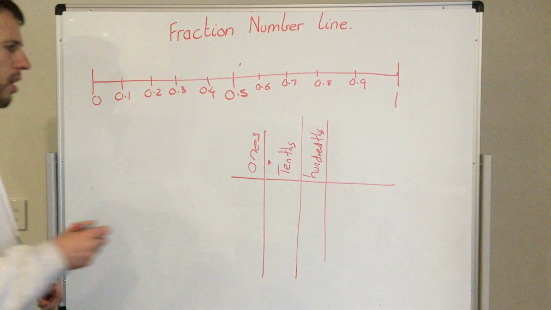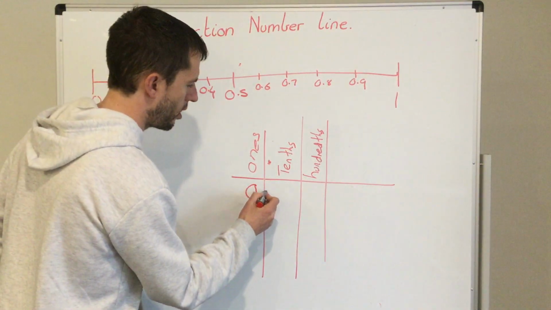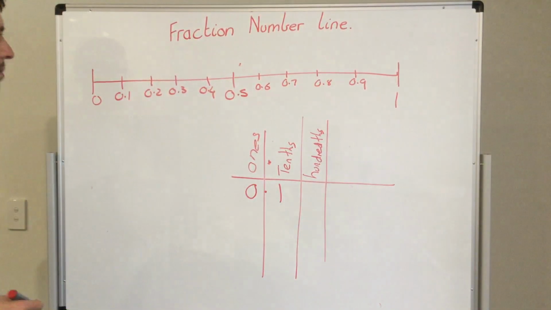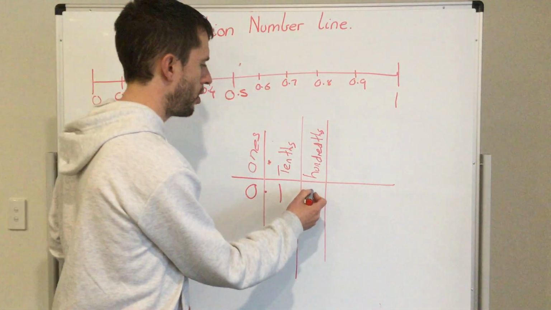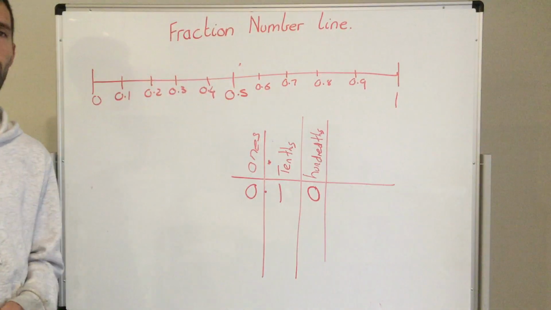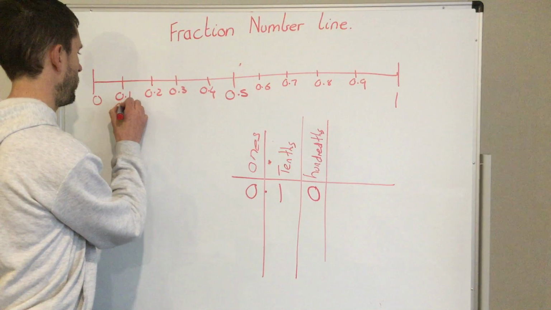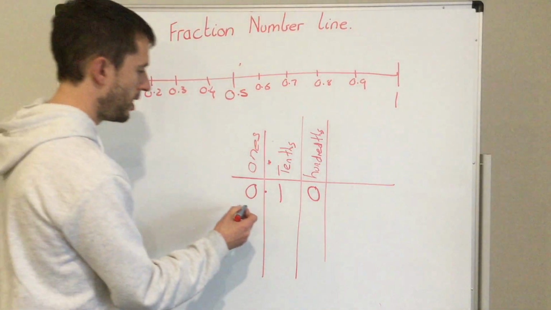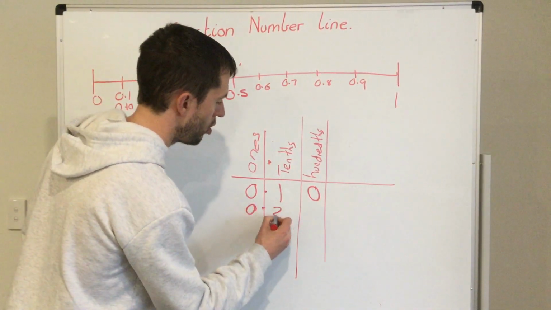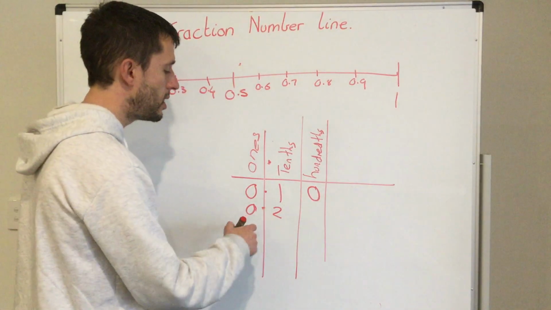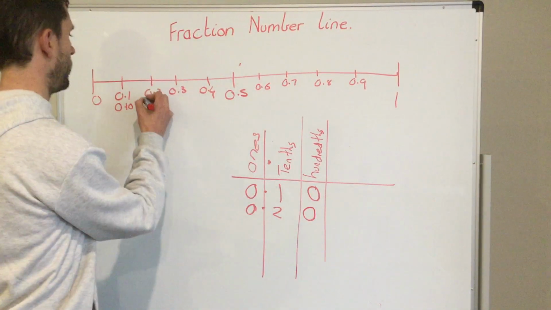Now, if I look at this, 0.1 can also be written as 0.10. 0.2 can also be written as 0.20.